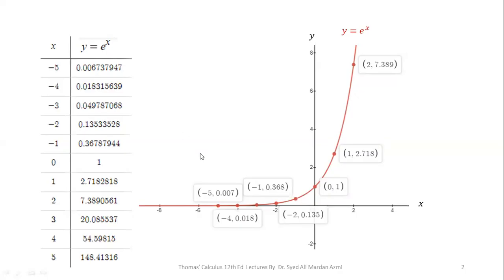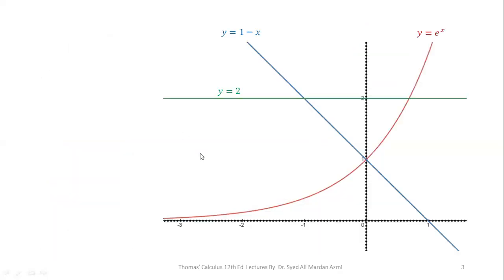After this, we will plot our region of integration. This is our region of integration. Our region of integration is bounded by the lines y is equal to 1 minus x, y is equal to 2, and y is equal to e raised to power x, a general curve exponential function. Please note that in our graph, x-axis and y-axis are not involved in our boundaries.